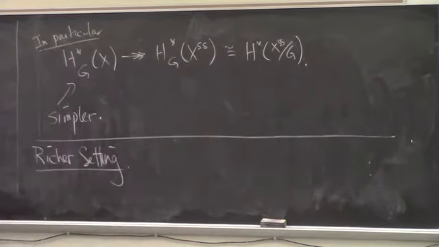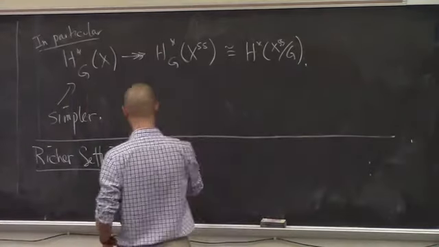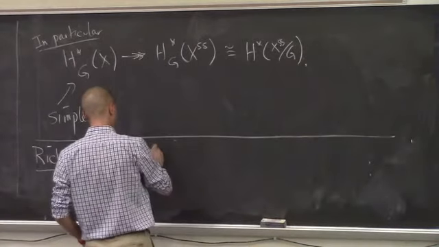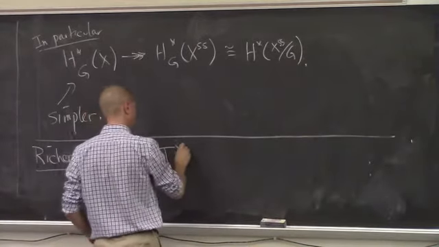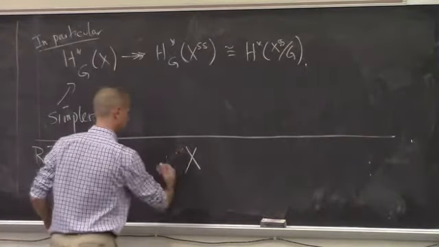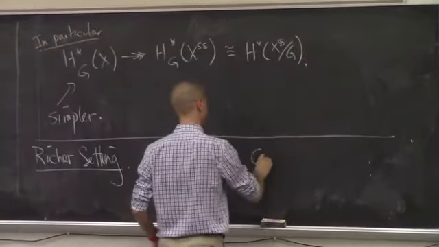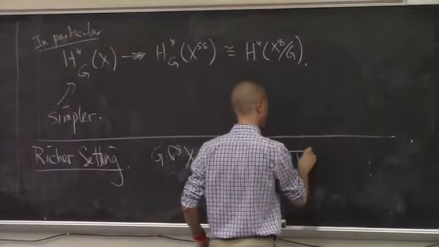Whether it's richer depends on your point of view, but you get many more examples if you're willing to do a little bit more complicated construction, and that is to replace X by the cotangent bundle of X. If the group acted on X, maybe I should start by writing just this. I have a group acting on X, and I now get an induced action of the group on the cotangent bundle of X.